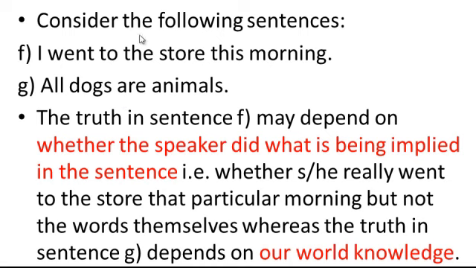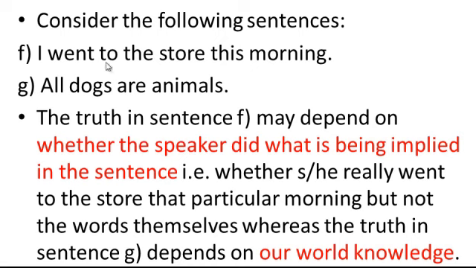For us to arrive at the meaning of the first one, I went to the store this morning, and also to consider the meaning of all dogs are animals, we need to have in mind those two ways of determining meaning that we talked about in the previous slide, the truth conditions as well as the word knowledge.